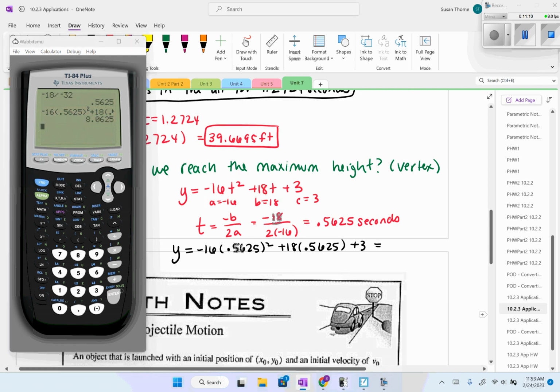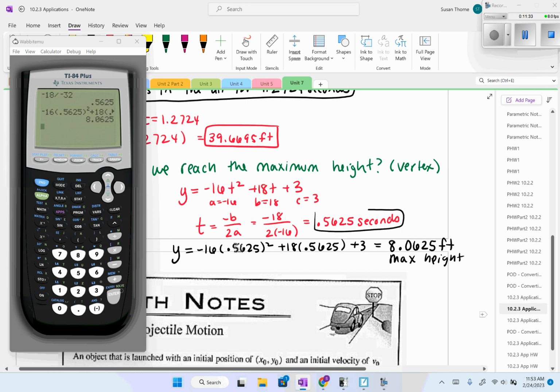So when we just plug that in, we get a maximum height of 8.0625 feet. So that means that our vertex for this quadratic would be 0.5625, and 8.0625 feet is the maximum height.